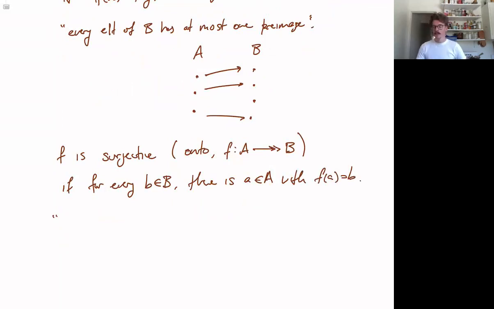Injective was saying that every element of B has at most one preimage. Surjective is saying that every element has at least one preimage. Let me emphasize that even.